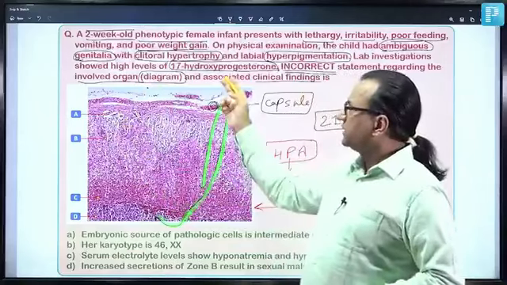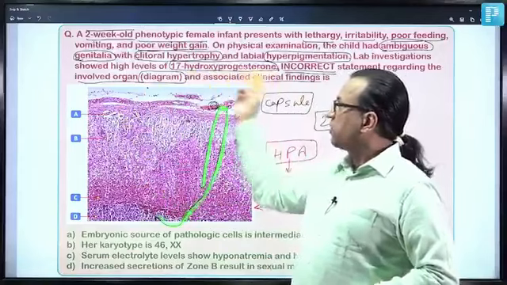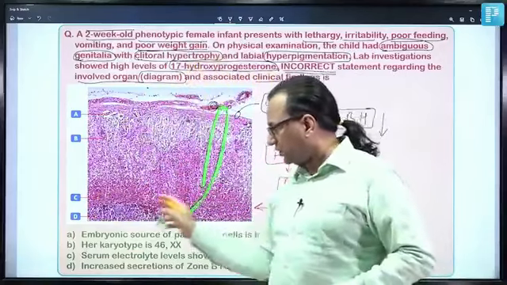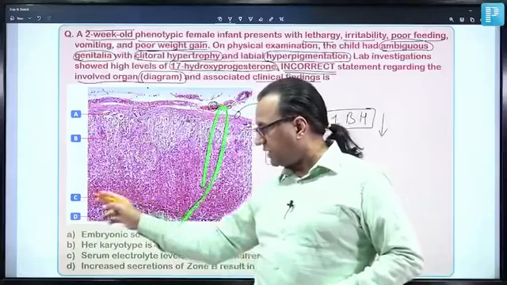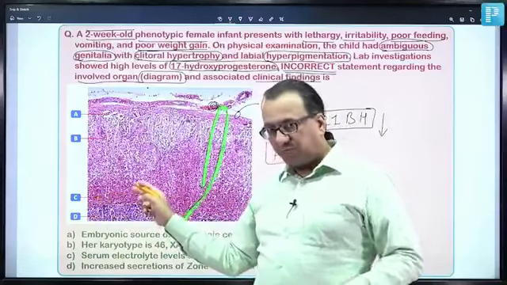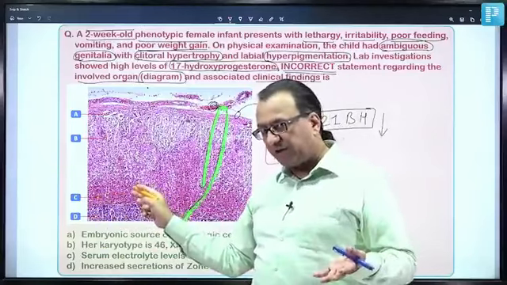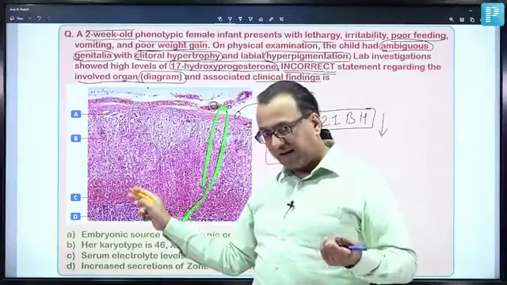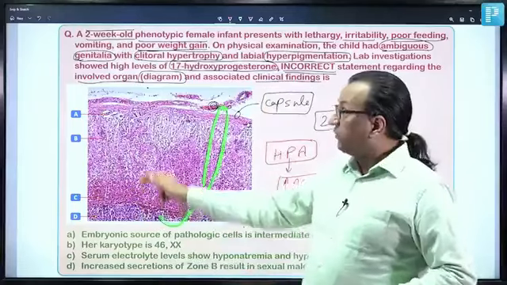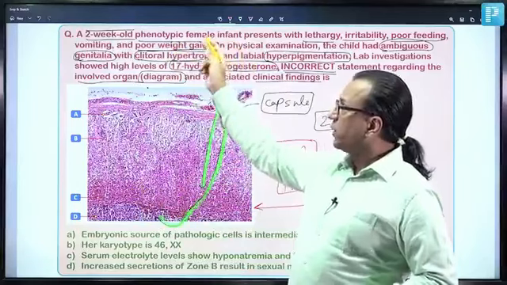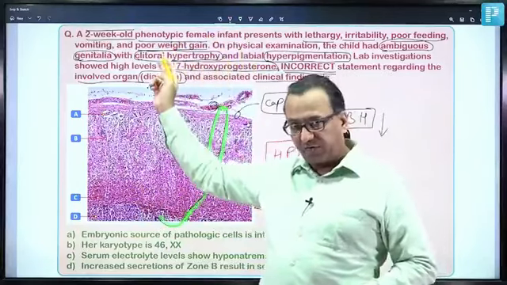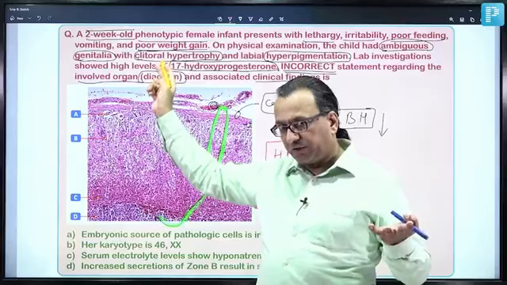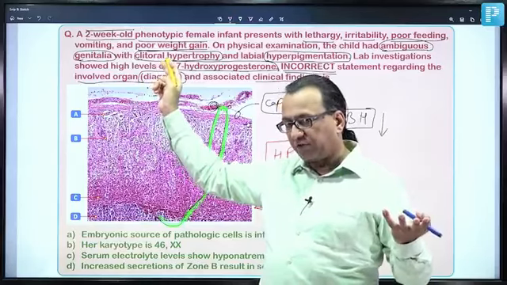So what happens is this 17-hydroxyprogesterone, due to increased level of ACTH, is spilling over to zone C, which is zona reticulata, and there you'll find a lot of androgens being secreted. And now, because there are a lot of androgens, the virilizing or masculinizing effect, the female baby is now showing clitoral hypertrophy, ambiguous genitalia, a female showing male features due to increased androgens.